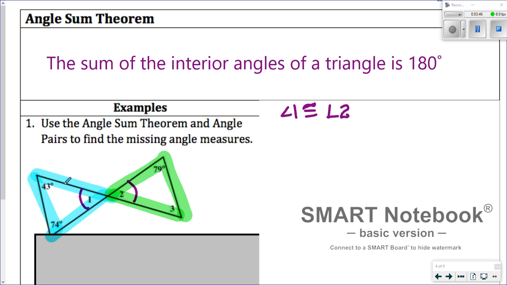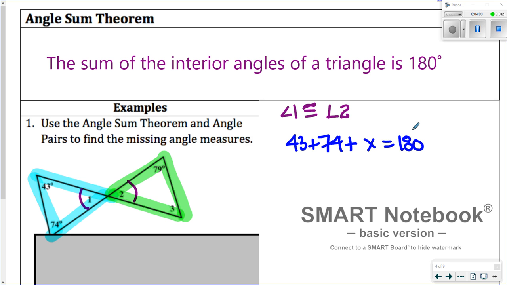So you got these two, and you know that a triangle is 180, so you can find the third angle, which is number 1. So we're going to have 43 plus 74 plus x for angle 1 equals 180. So this is for the first blue triangle.